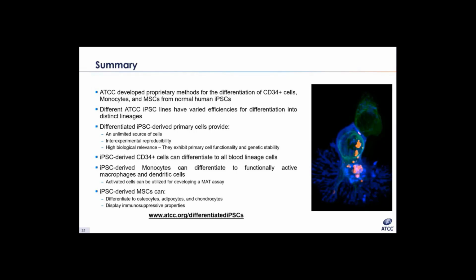And then there's a follow-up question actually that's come into this. Do you have any recommendations for seeding density and thawing media? Okay, so the seeding density is going to be based purely on the customer's application.